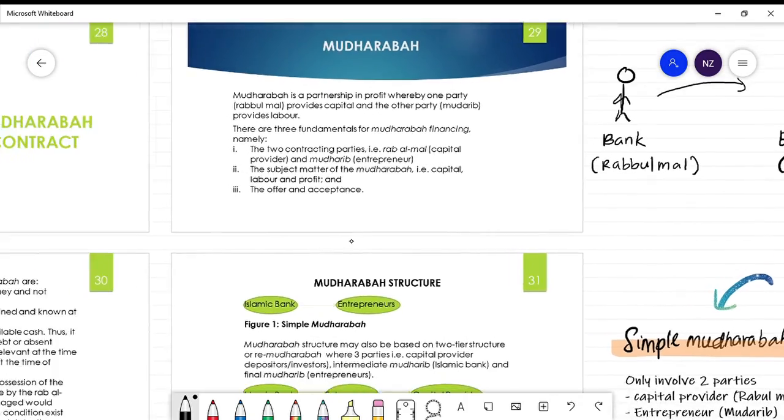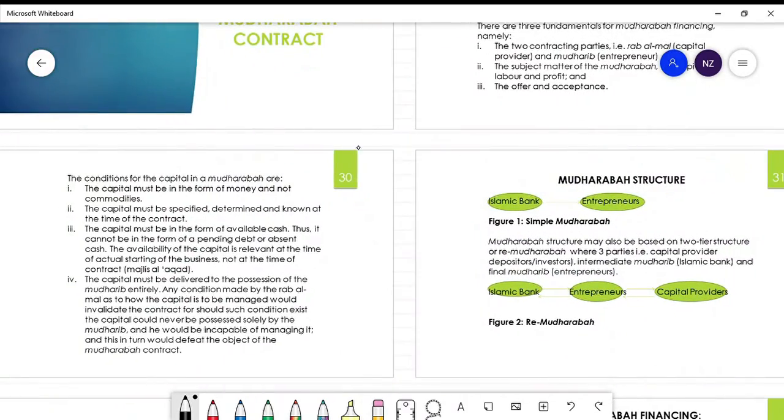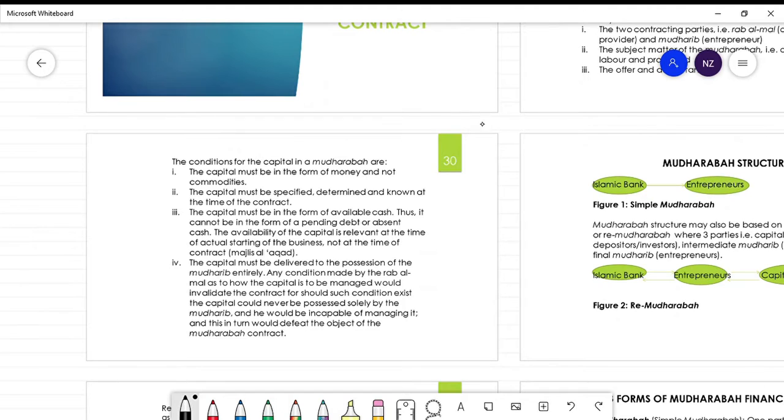Itu basic je. And then dia cakap kat sini, here on the third slide, dia cakap the conditions for the capital in the Mudharabah. So means this is the list of the conditions or syarat-syarat for capital in Mudharabah contract. So this is all the capital punya syarat before the bank going to provide the capital to the Mudharib lah.